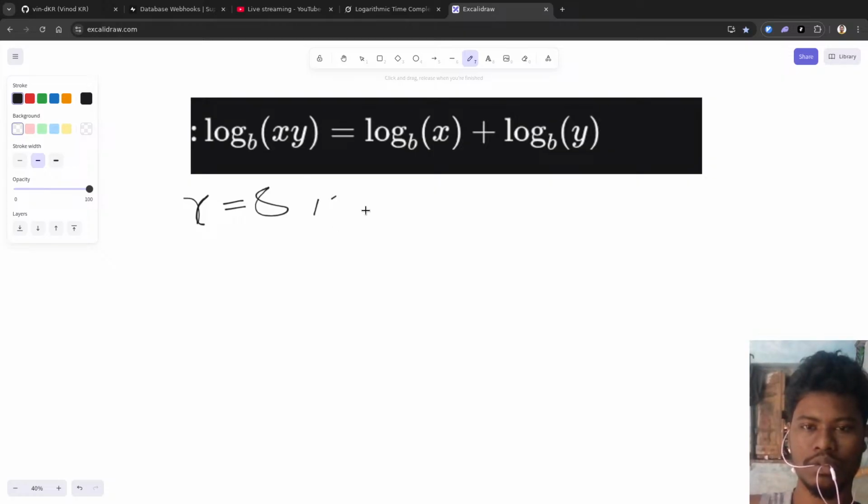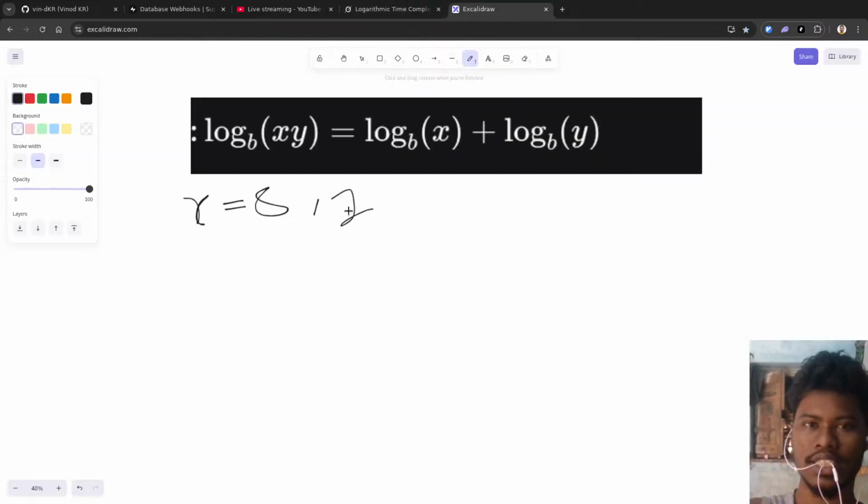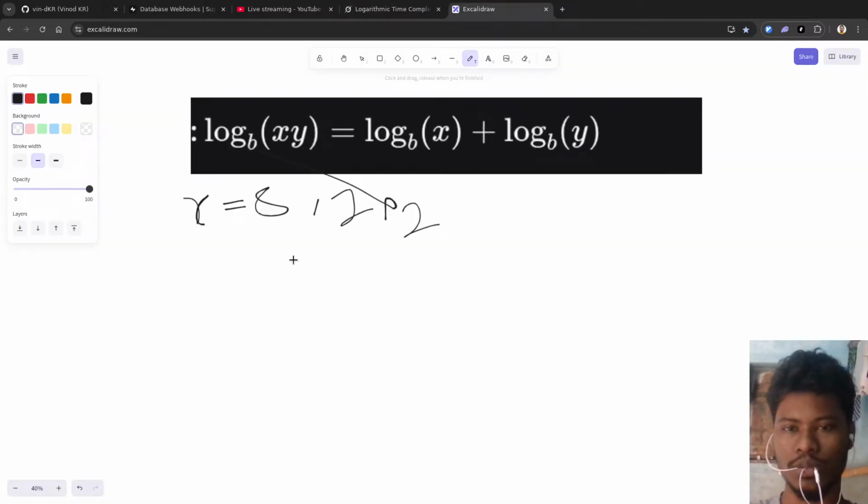If we do log b, what is the base? Let's take base as 2.